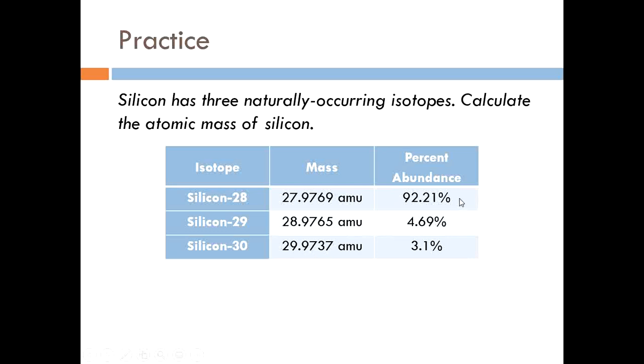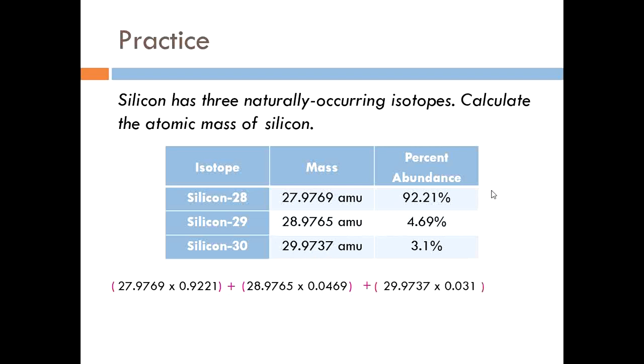So let's go ahead and calculate the atomic mass of silicon. We take the first isotope, 27.97, times the abundance. And notice that I've already divided by 100 to get rid of that percent, so it's 0.9221. And we're going to keep going. It has 2 more isotopes, right? So we need to set up our next one. The mass of the second isotope times 0.0469.